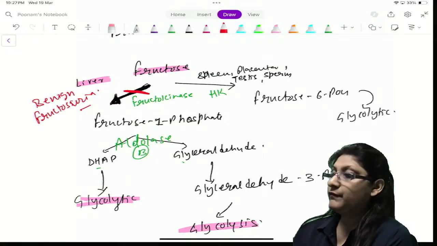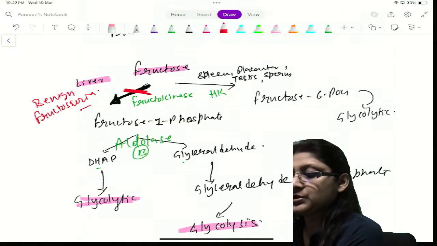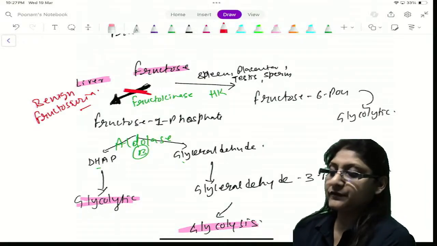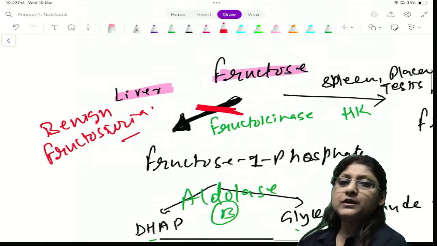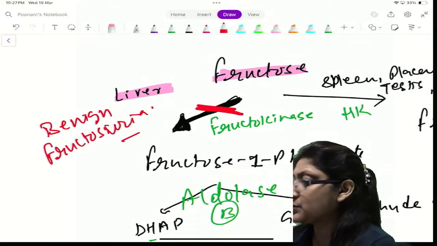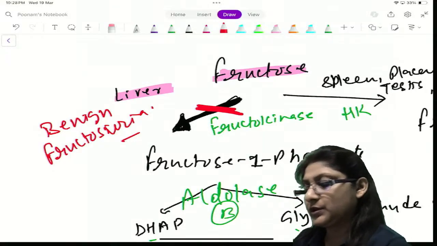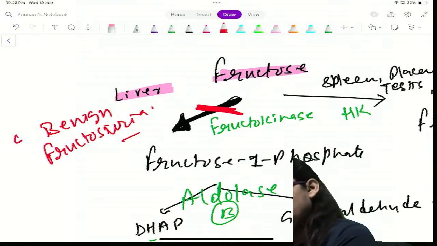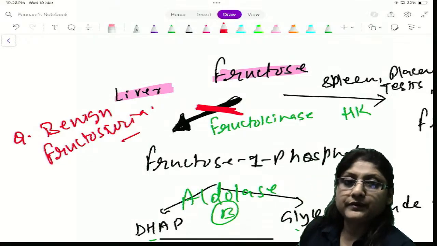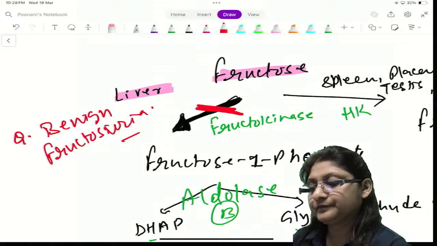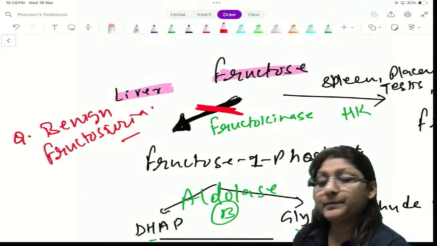Of course, when the very first enzyme of fructose catabolism, fructokinase, is deficient, then the liver is not going to use the fructose, and you will have a lot of fructose floating in the blood, which will come out in the urine, giving the name benign fructosuria. It's a benign condition.